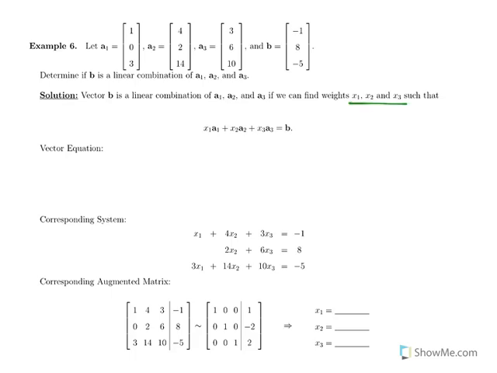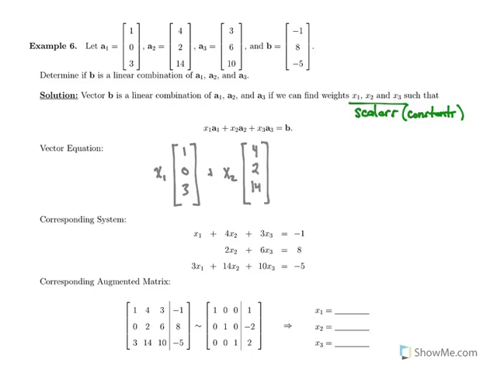Those are numbers, those are scalars, constants, so that x1A1 plus x2A2 plus x3A3 is equal to B. Another way to think about that, since these are vectors, is the vector equation: x1 times that vector 1, 0, 3 plus x2 times that vector 4, 2, 14 plus x3 times the vector 3, 6, 10 is equal to the vector negative 1, 8, negative 5. This is our vector equation here.